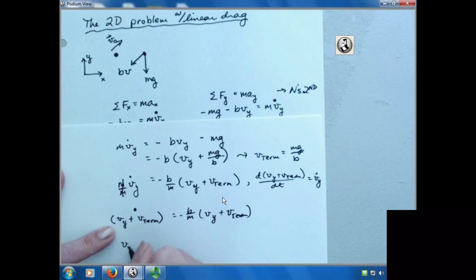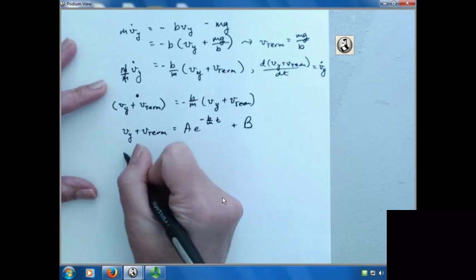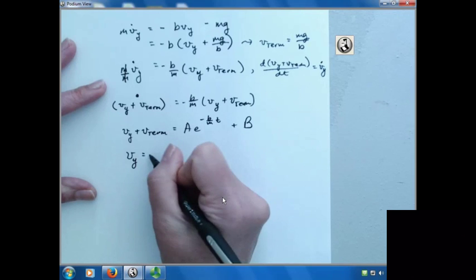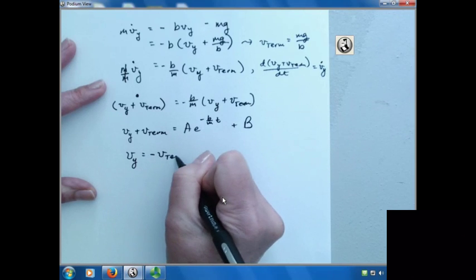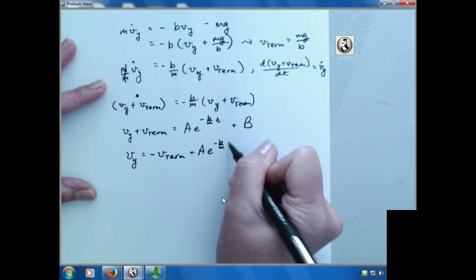So vy plus v term is equal to a e to the minus b over m t plus b. Vy is equal to negative v term plus a e to the minus b over m t plus b.